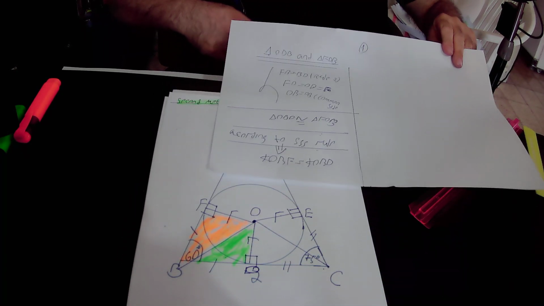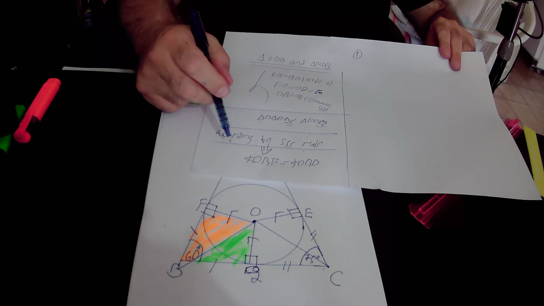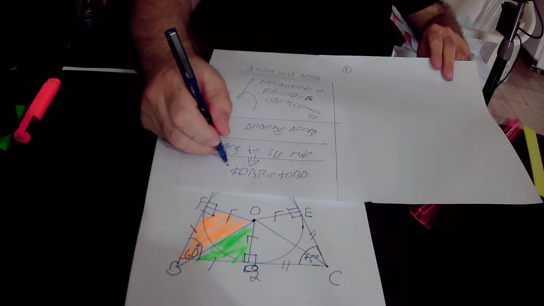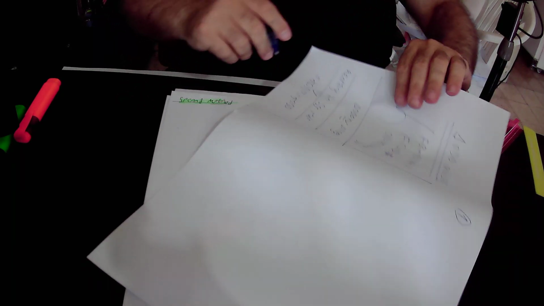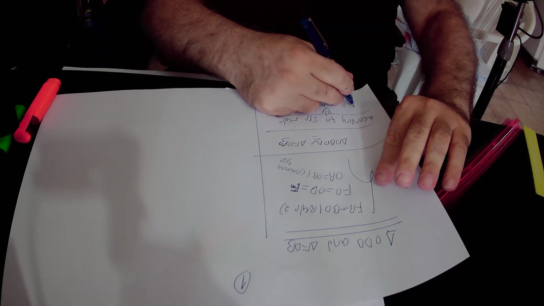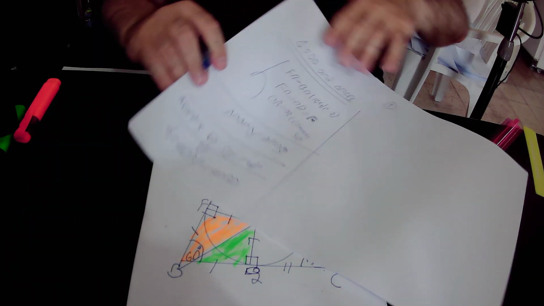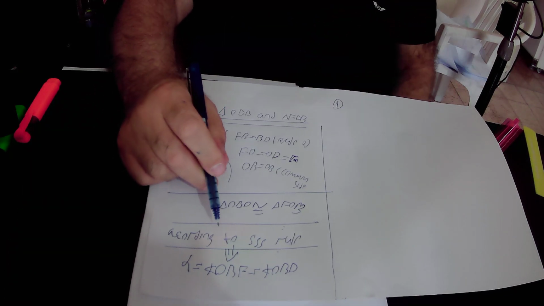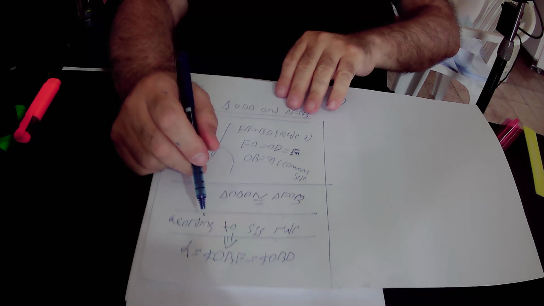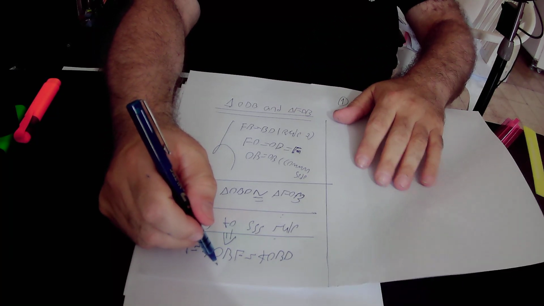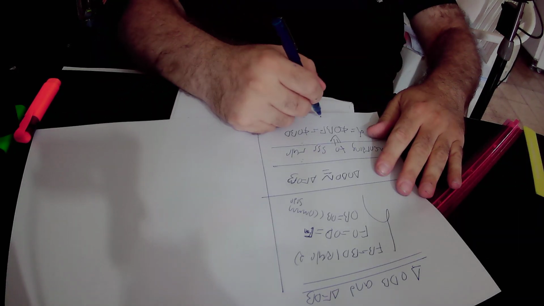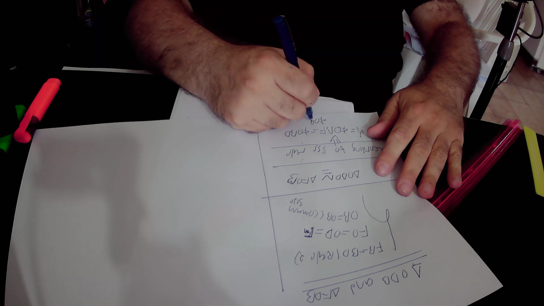So if we define angle OBF, this angle, as alpha, then from this equation, alpha equals OBD equals OBF, we derive that angle OBD is also equal to alpha.